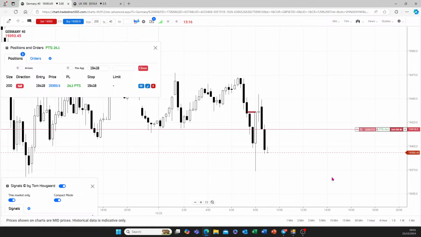I can absolutely appreciate someone sitting behind their monitor now, wondering why I wouldn't take profit when I could cover the loss from my first trade.